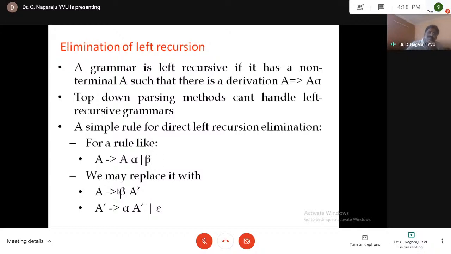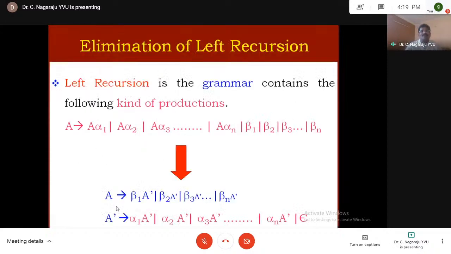But here this A' is given the productions of the reverse of A alpha, that is A' goes to alpha A' or epsilon. Here the epsilon will come; sometimes if the sentence is not continued, then we can use the epsilon. This form can be written like this so that we can eliminate the left recursion.